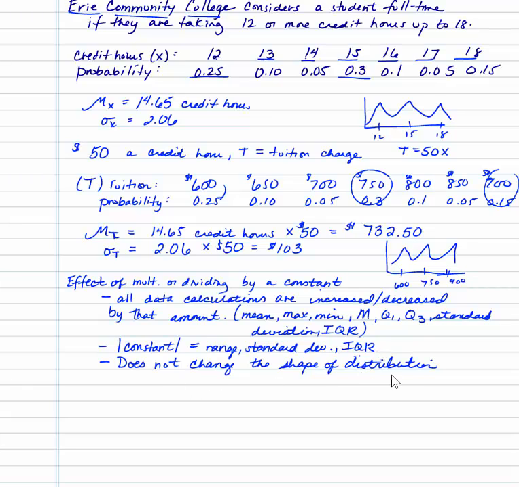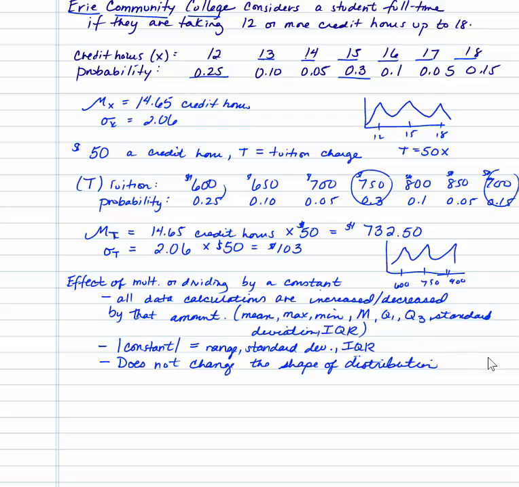It does not change the shape of the distribution. Technically, we could look up here and you've got 12, 15, 18. It could be 600, 750, 900, something like that, and it would look exactly the same. Granted, if you were to do it along the same scale, it would be much more spread out. But you could also just replace these numbers with these altered numbers multiplied by 50 and get the same type of shape of the distribution.